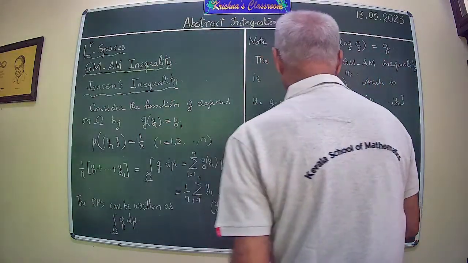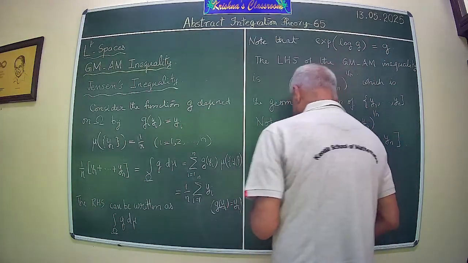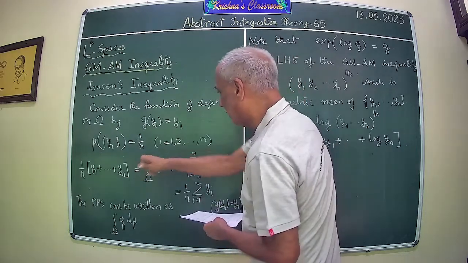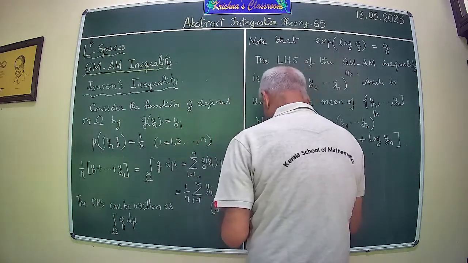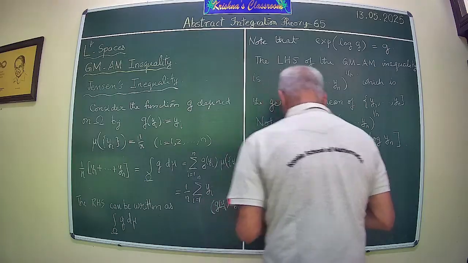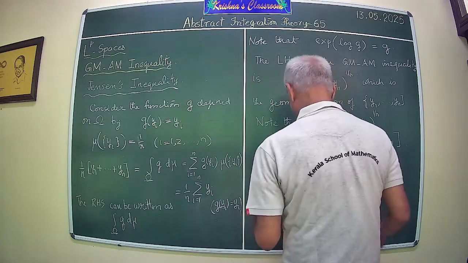Okay, now how do we rewrite this? Now this can be seen to be, as we did here, written as integral over omega of log G d mu.